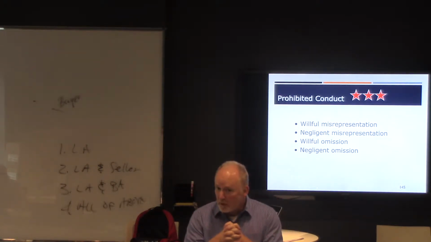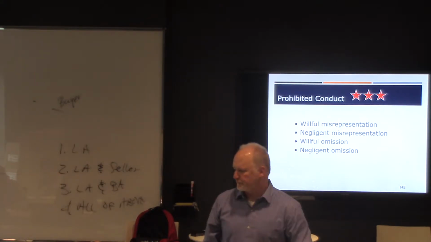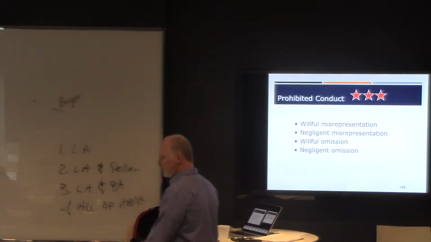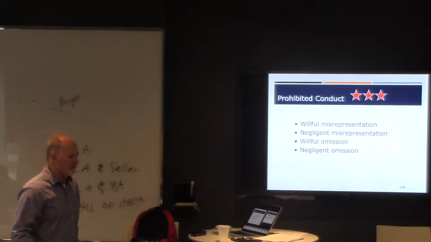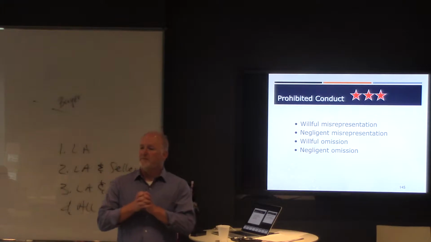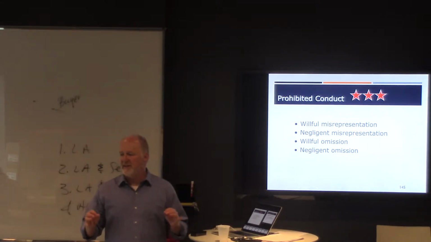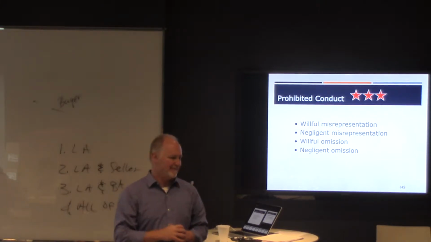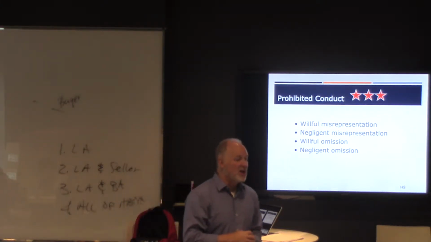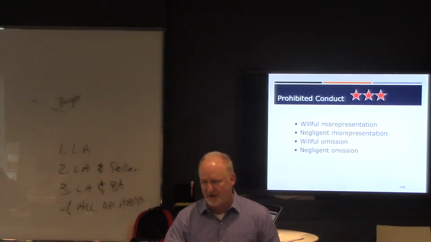When you think willful, think that the agent had actual knowledge of a material fact. When you think of negligent, I want you to think the agent didn't know, but they should have known. Negligent means, as an agent, you didn't know, but you should have known.